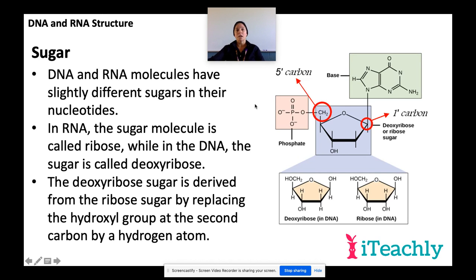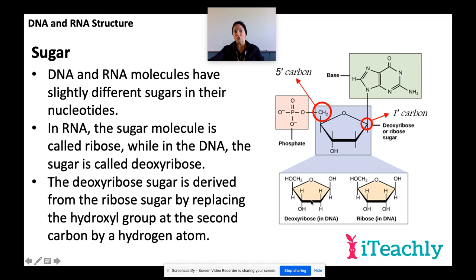Another thing that we look at with the sugar is the difference between the deoxyribose and the ribose. If you think about the word, de means to get rid of, oxy is oxygen. So the difference between the deoxyribose and the ribose is that this is missing an oxygen.